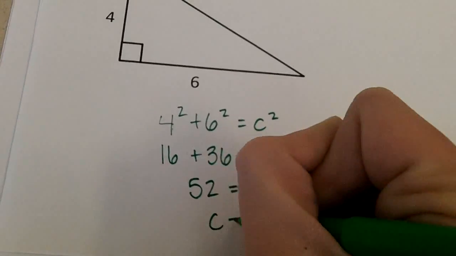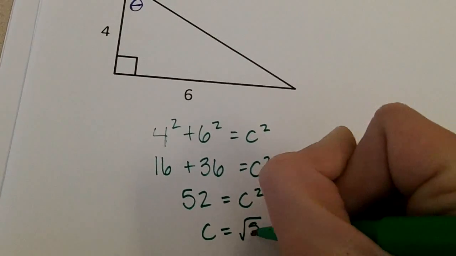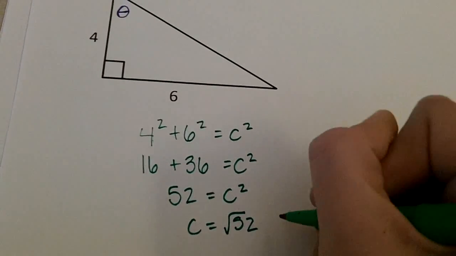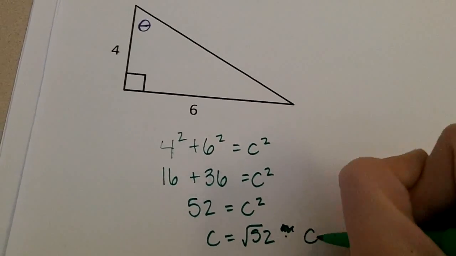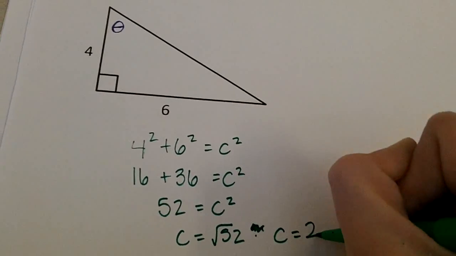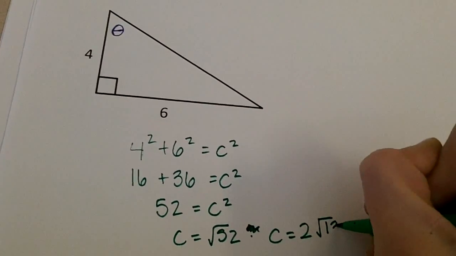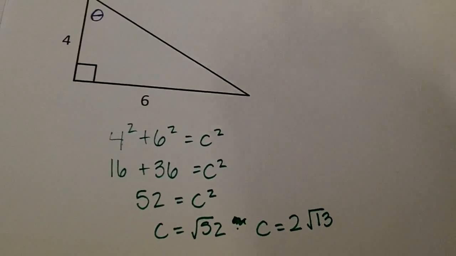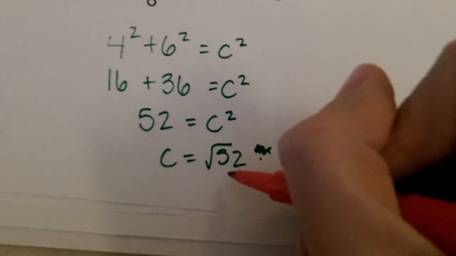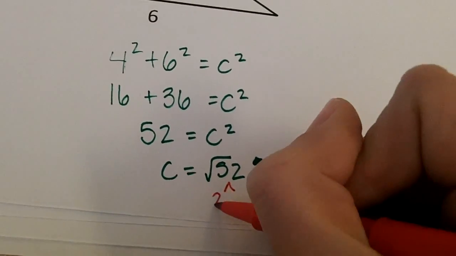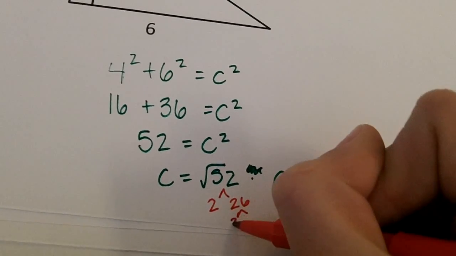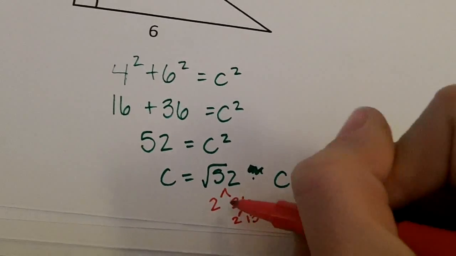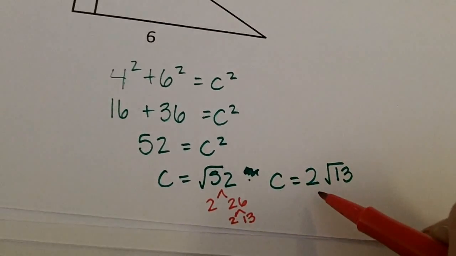So c is the square root of 52. Another way to write that is c equals 2 square root of 13. And you can get that by breaking 52 down into 2 times 26 and 26 down into 2 times 13. Our pair of 2's we can pull out to the front.